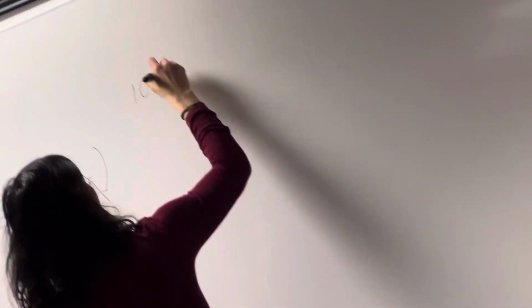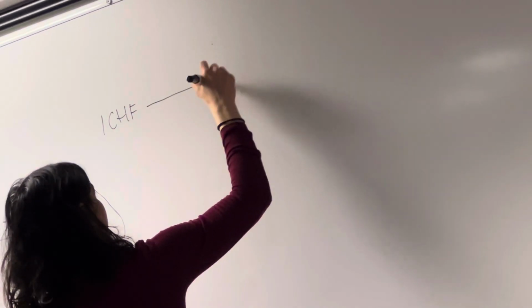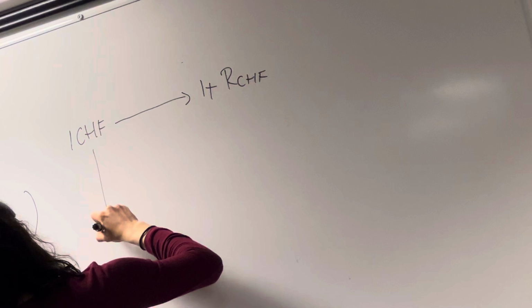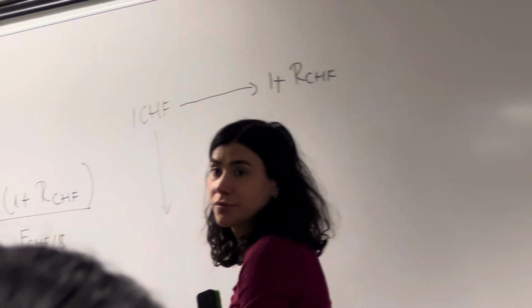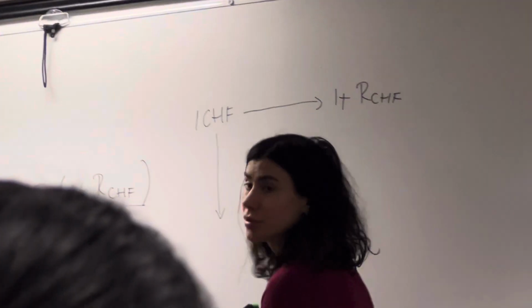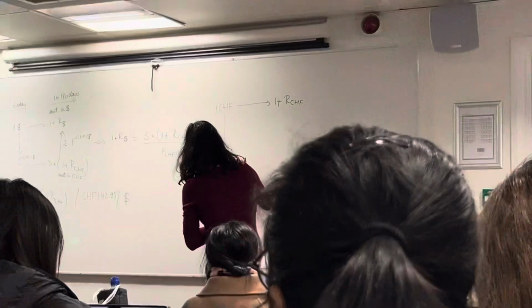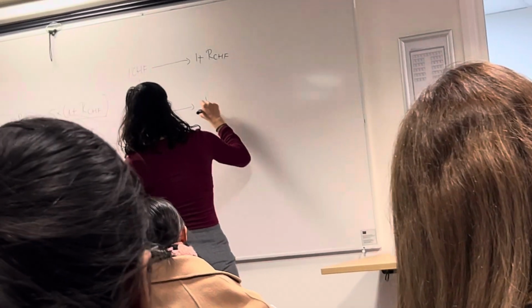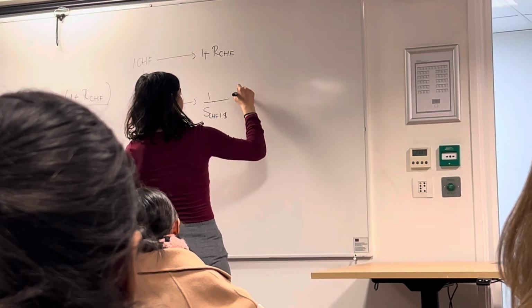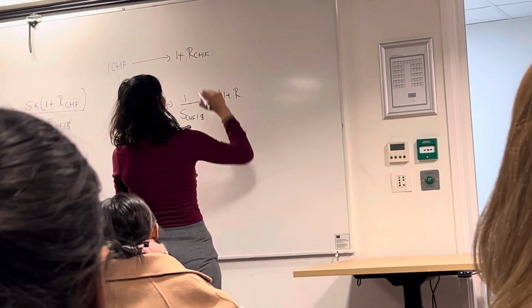And we can do it the other way around with 1 Swiss franc. If we had 1 Swiss franc, we invested at the Swiss franc interest rate, or we convert the Swiss franc to dollars. 1 Swiss franc is how many dollars? 1 over S. Then we invest that at which interest rate?